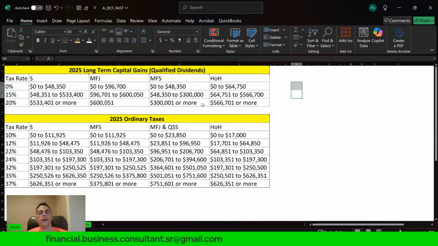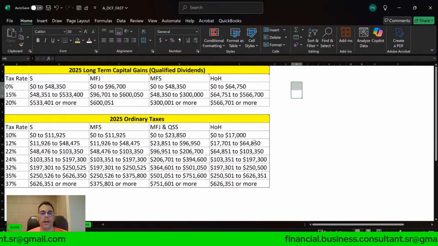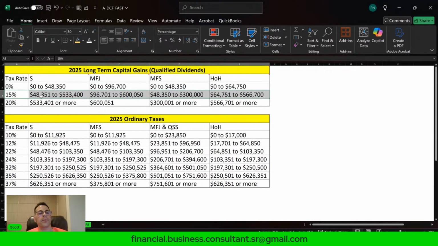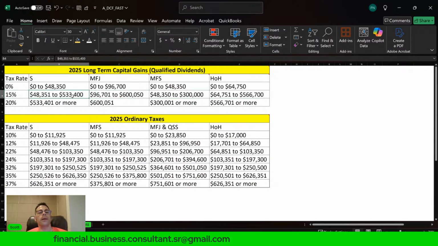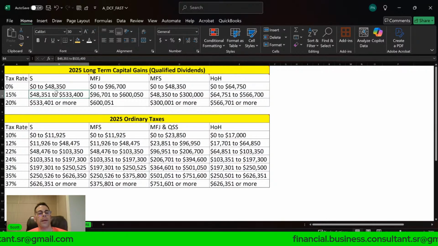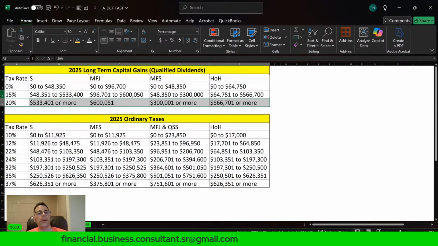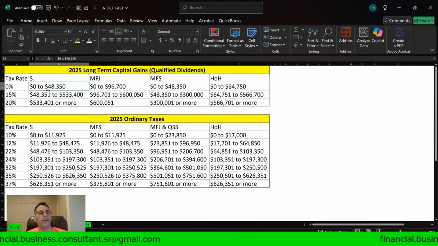If you own a stock for like 20 years, that's fine. Most people are going to pay 15%, depending on how much money you generated from long-term capital gains. If you sold millions and millions of dollars of stock, you pay the higher rate, but most people aren't at this level. Most people pay 15%.